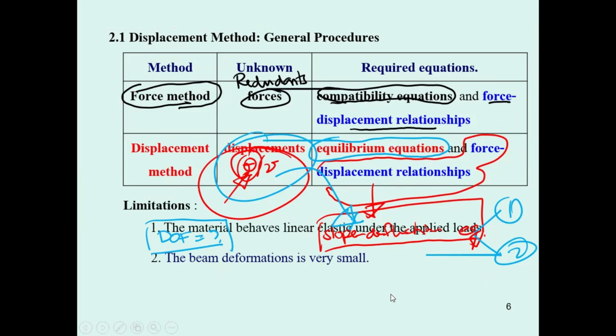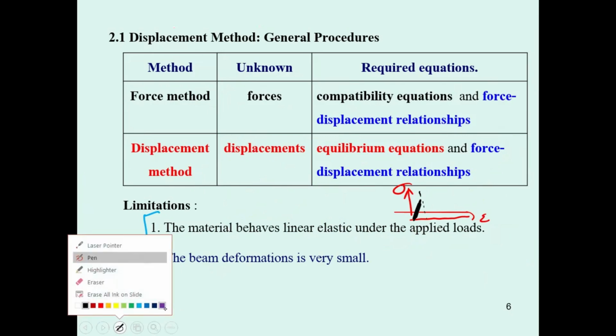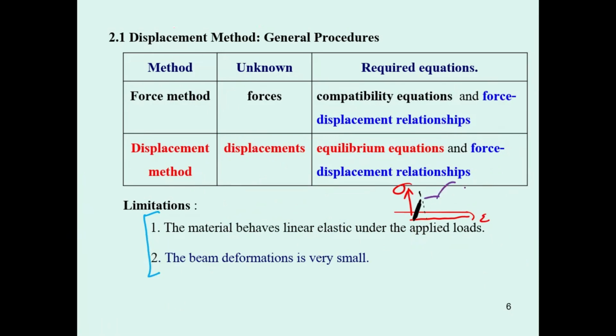Okay. Let me start back at our original assumptions. Two things are going to be involved. First, under the application of the force, the structure is going to have linear elastic behavior, such as for steel, we are going to be interested only in the first portion of the behavior. We won't be interested in the second, plastic behavior.